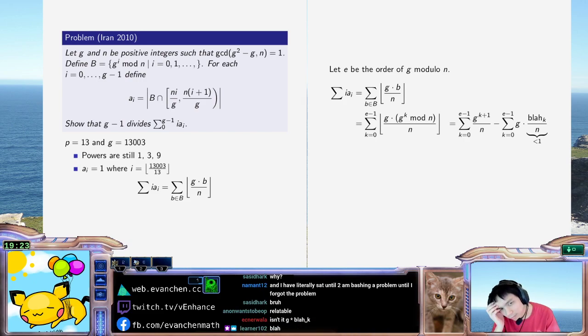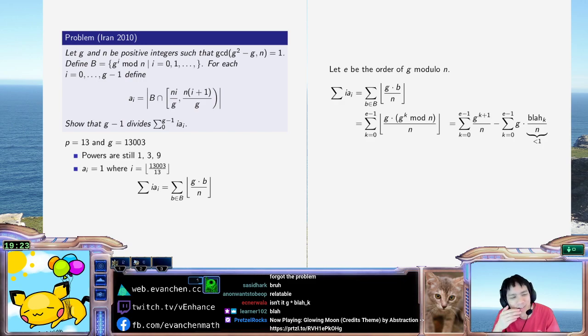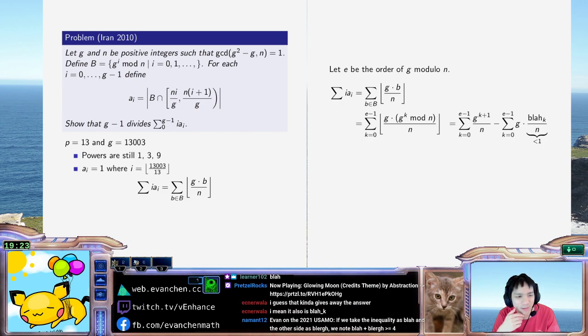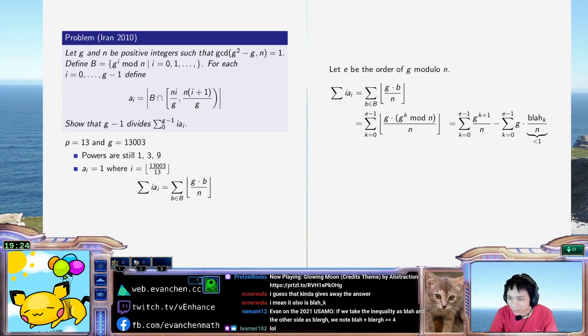Okay, what is going on? This is horrible. Wait, so we're taking mod G minus 1, so it's modulo G minus 1 over n is invertible.